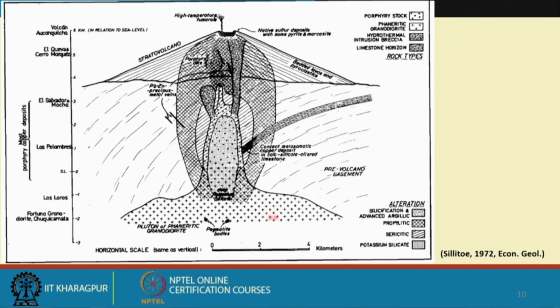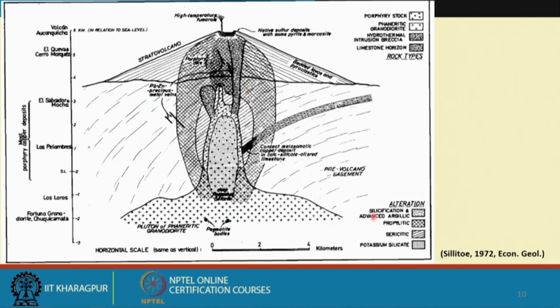It proposes that what we see as a small stock in the mineralized area, whichever porphyry deposit we visit, is actually a result of a much larger felsic magmatic system at subcrustal or deeper levels, and this small body is the one which gets separated out of the larger granitic pluton, which was emplaced at a particular depth in the earth's crust. So this is a generalized model for the porphyry copper deposits.